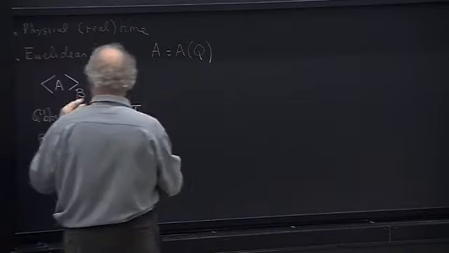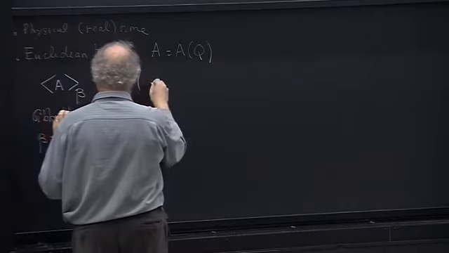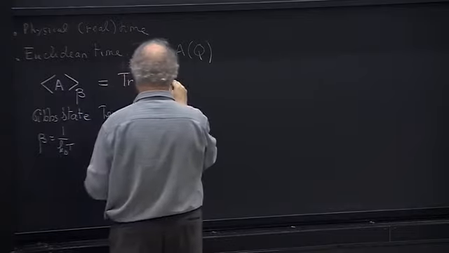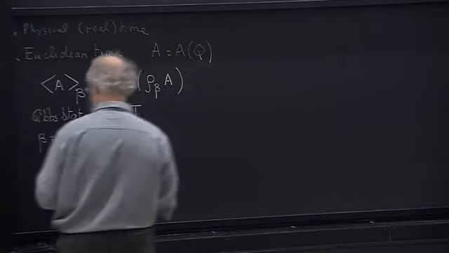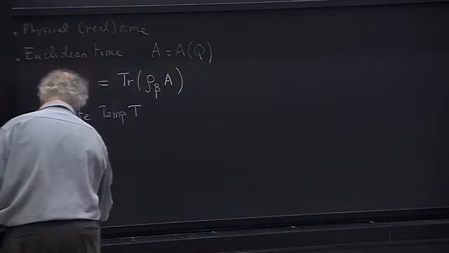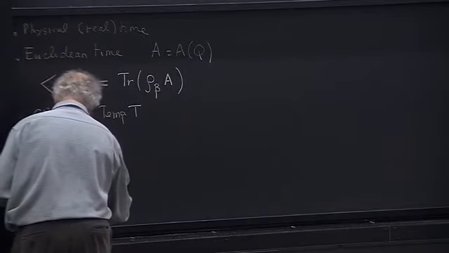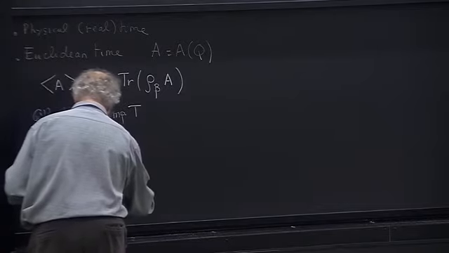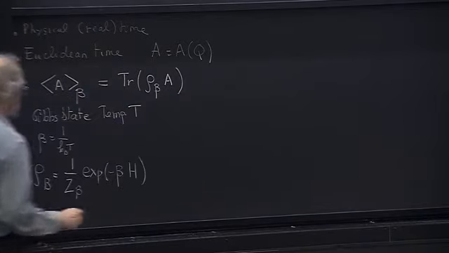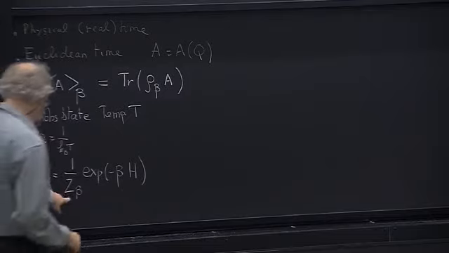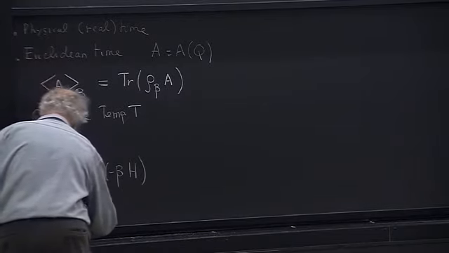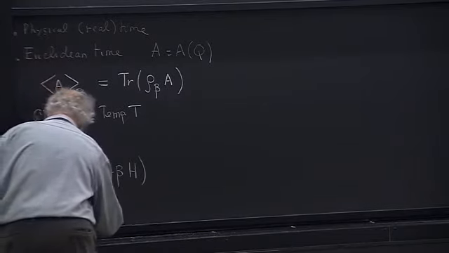By definition, this is the trace of the product of the density matrix rho characterized by the Gibbs state times A. The density matrix is 1 over Z beta times exponential of minus beta times the Hamiltonian, where Z beta is the partition function, the trace of exponential of minus beta H.